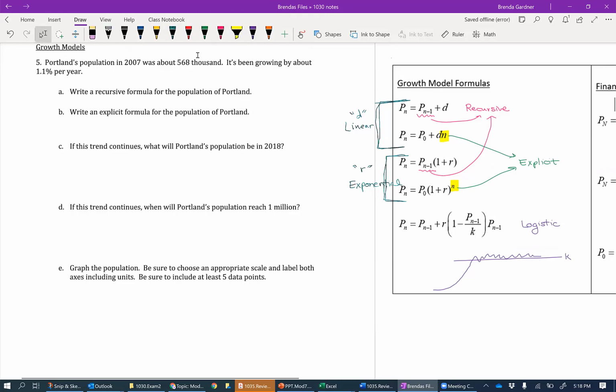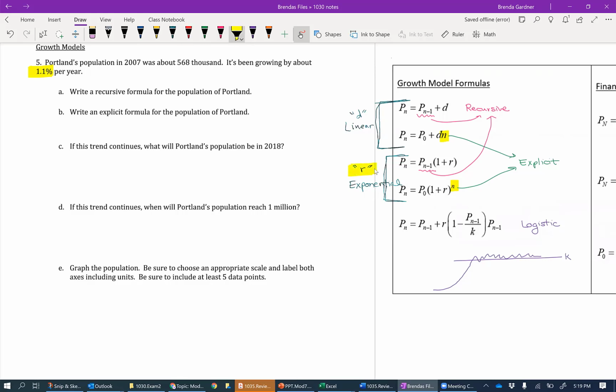As soon as you see a percent, you should narrow your options down. So which of these formulas should you be focused on? Is it one of the exponential ones?